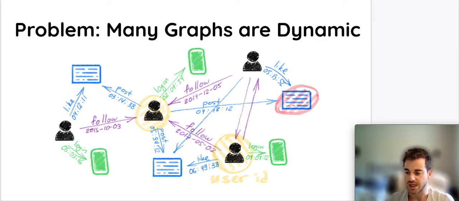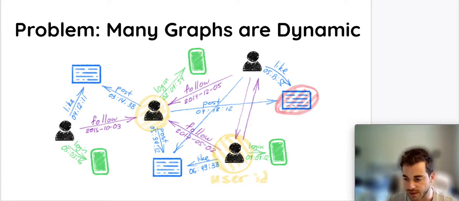Whereas in real life, many applications have what we call continuous time dynamic graphs, which are graphs where an edge can appear at any time. We don't just have different snapshots, but each edge has a timestamp. Nodes can come and go, edges can come and go, and we want models that adapt to this very general framework.